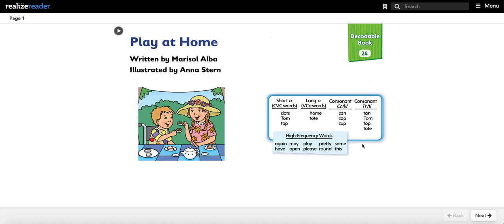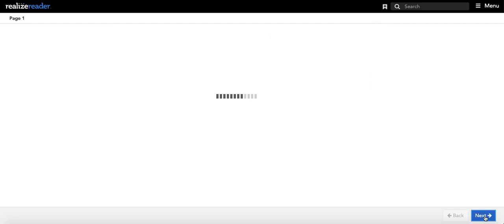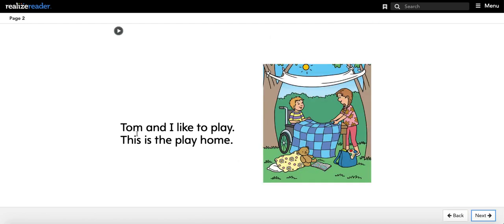Our high frequency words: again, may, play, pretty, some, have, open, please, round, this. Tom and I like to play.